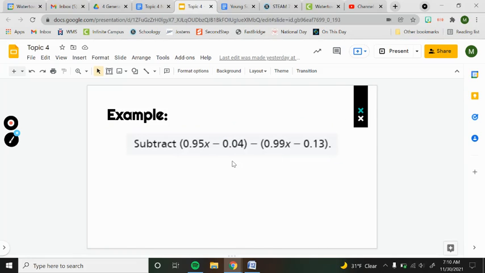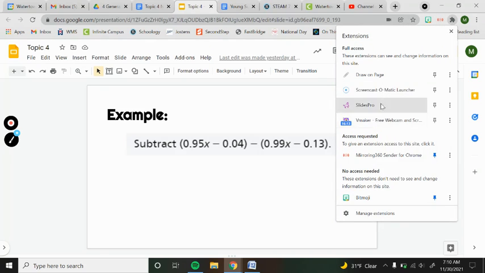Last example. I want you guys to try this one on your own. Go through it, see if you got it, and then come back and check and make sure that you are getting the correct answer.